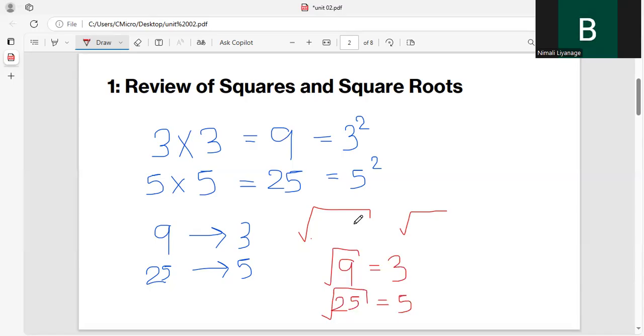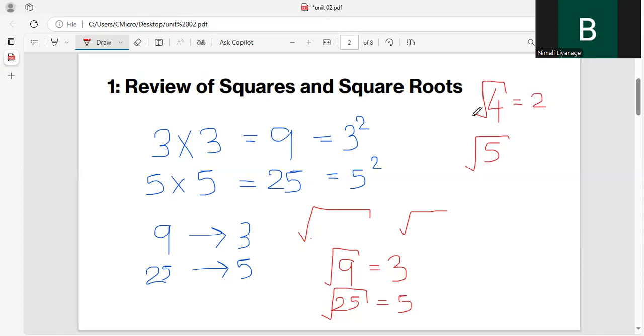When the number is a perfect square, that works. What if the number isn't a perfect square? For example, square root of 5. Square root of 4 we can get as equal to 2 since 4 is a perfect square.